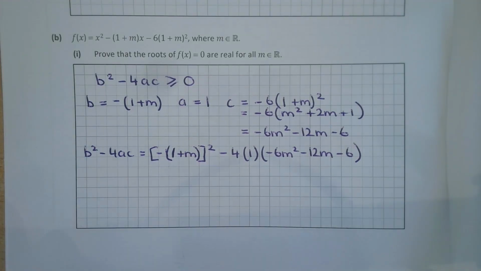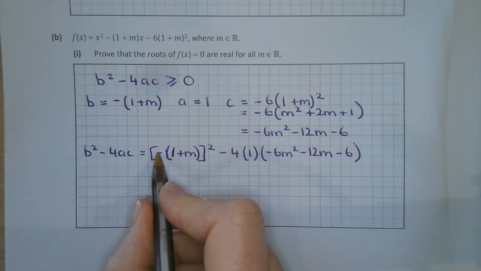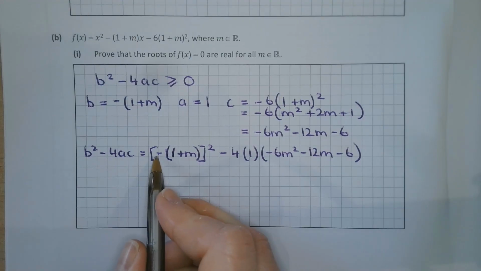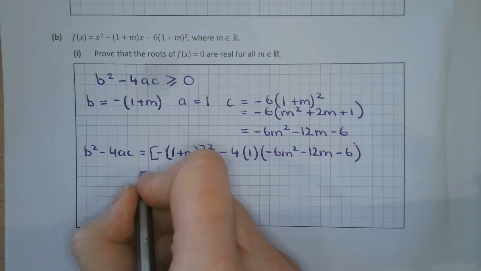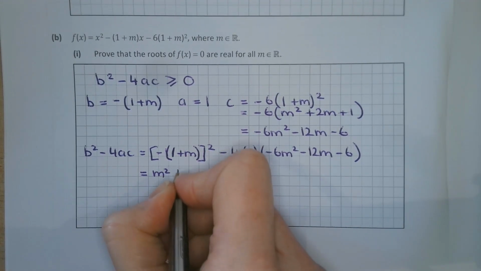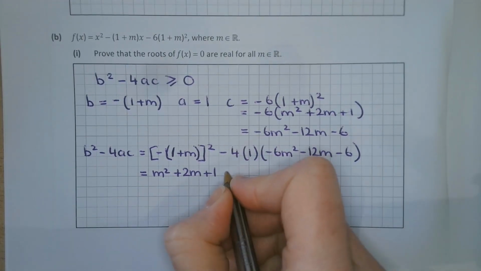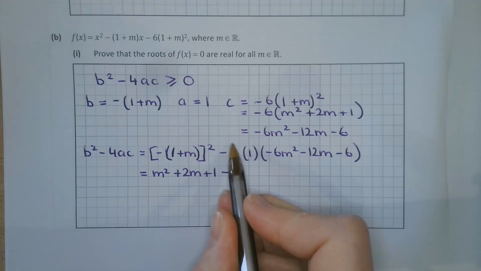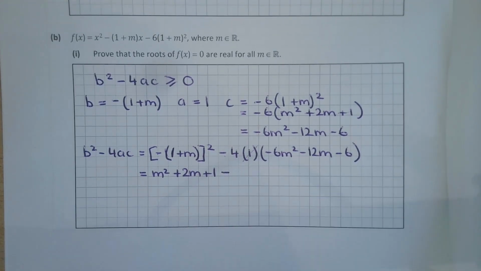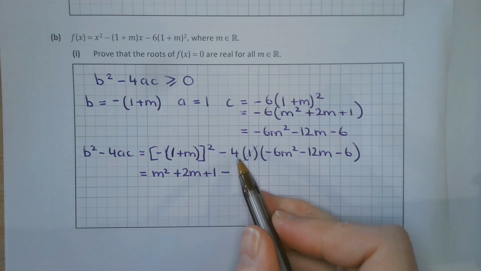And we try and work that out as best we can. So when I square a negative, I'll actually end up with a positive, so it works out okay. So that'll give me m squared plus 2m plus 1. And then we have, well, we've minus 4. The 1 we can sort of ignore because it's not going to make any difference.